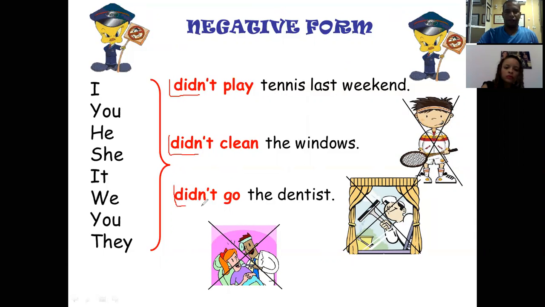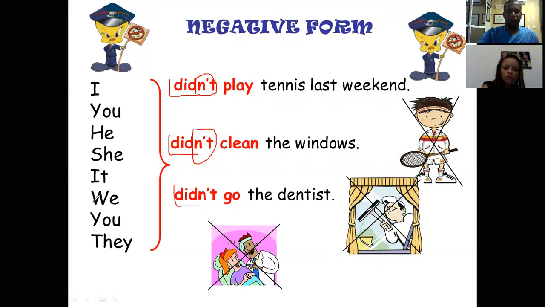Okay, Judy? Are you understanding me? Entonces vamos a usar el auxiliar did para la forma negativa, plus not. Más not. ¿Sí? Did más not. O en forma corta, didn't, como está allí. O en forma larga, did not.